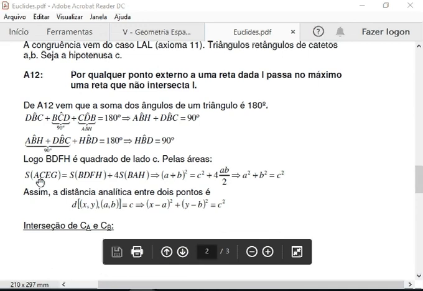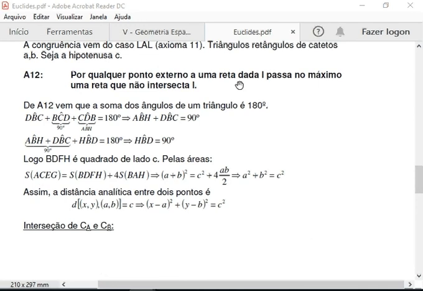A12. For each external point to a given straight line L, there passes at most one straight line which does not intersect L. So there are elliptical geometries, there are hyperbolic geometries, and this is the Euclidean axiom, the axiom of the parallel.